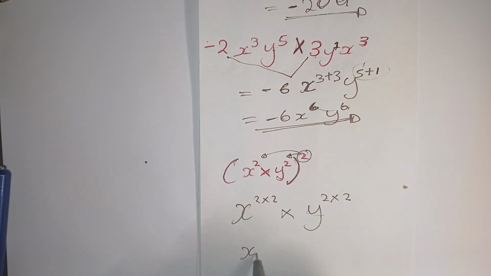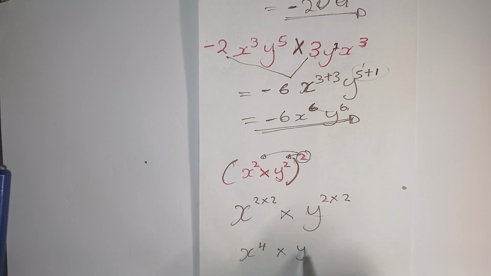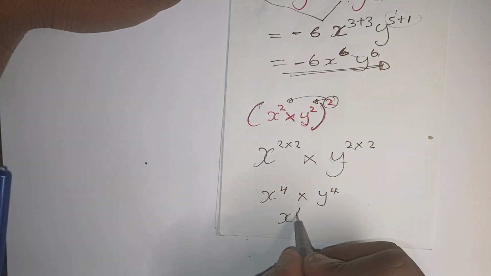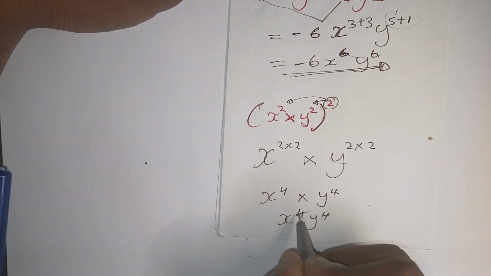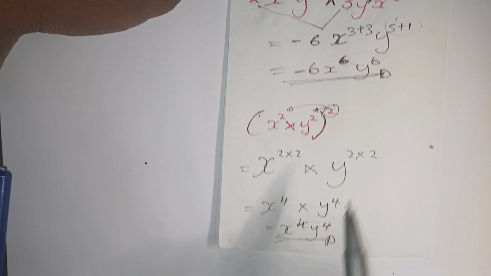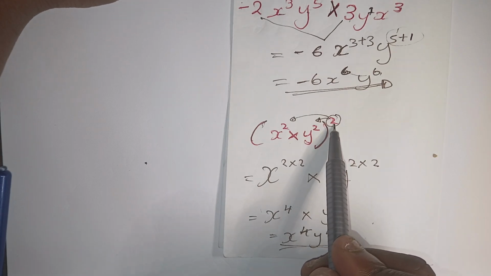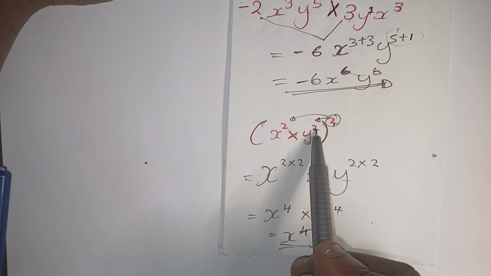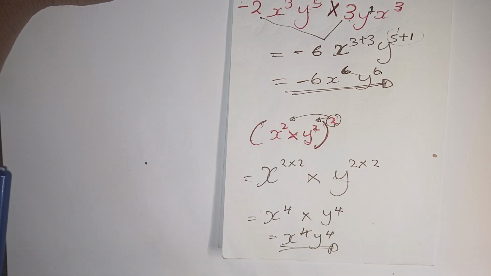So this will give you x to the exponent 4 multiplied by y to the exponent 4, which is the same as x4 y4. What you should take note of about this question, guys, is that what is outside the bracket multiplies each exponent inside the bracket if there is no plus or minus.